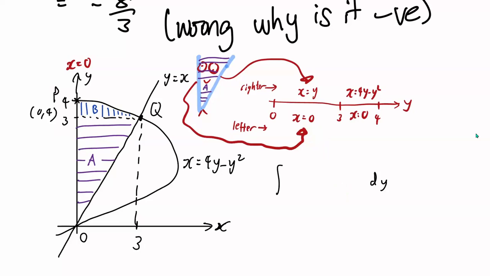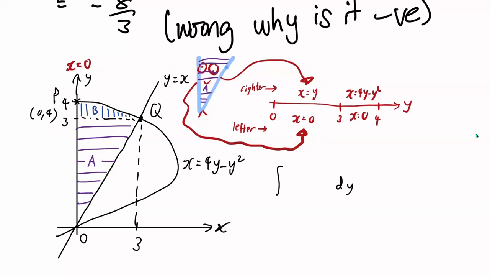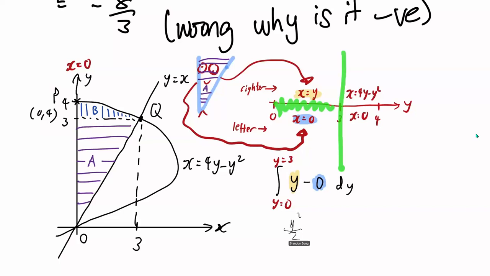That's for the first region, from y equals what to what? Oh, it's 0 to 3. Okay, very good. That's the first region here, separated by y equals 3.